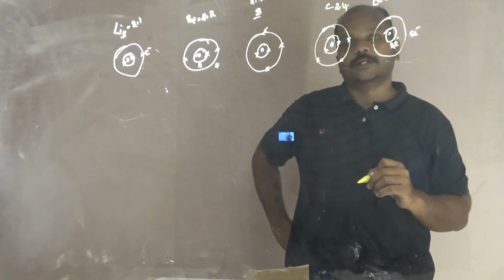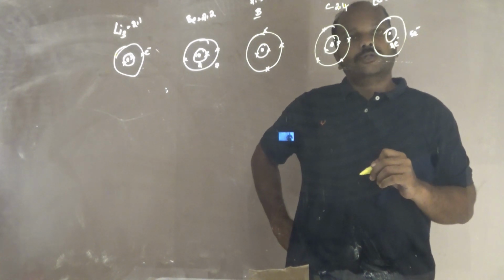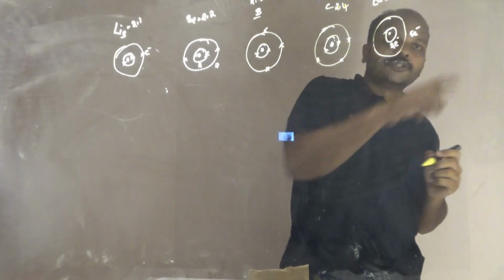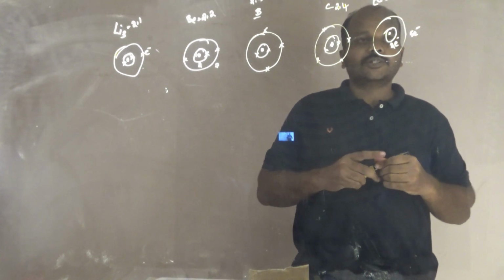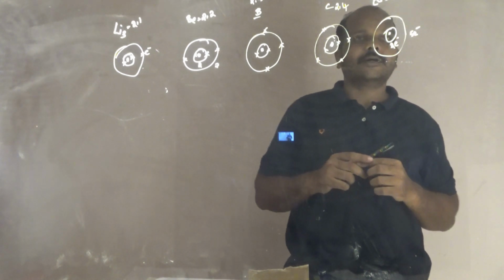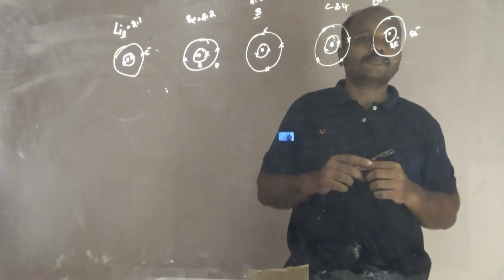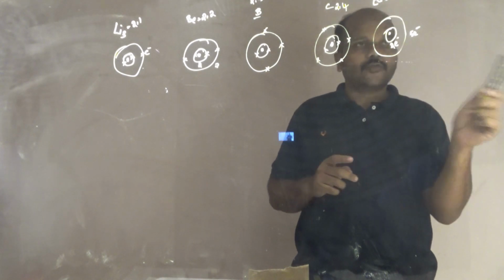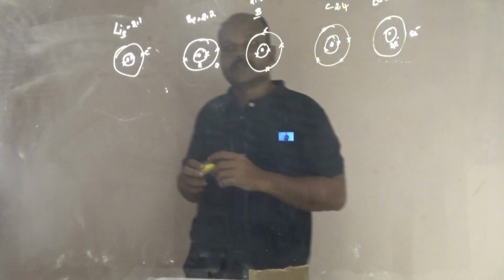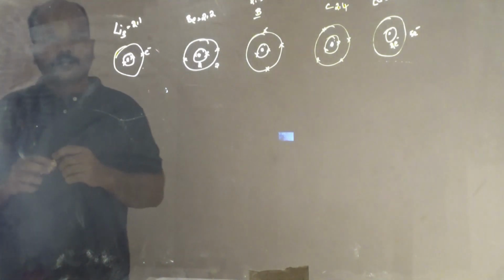After nitrogen comes oxygen, which also has 2 shells. Fluorine also has 2 shells, and neon also has 2 shells, right?